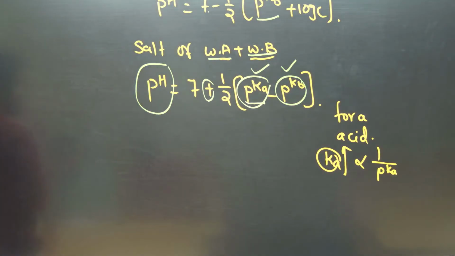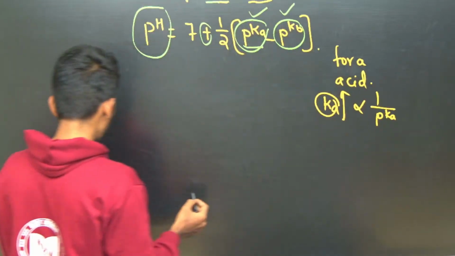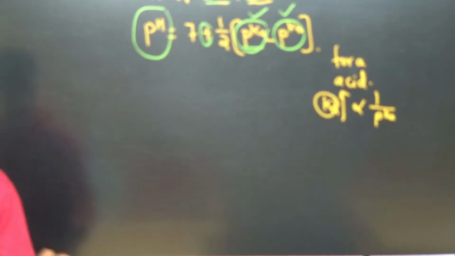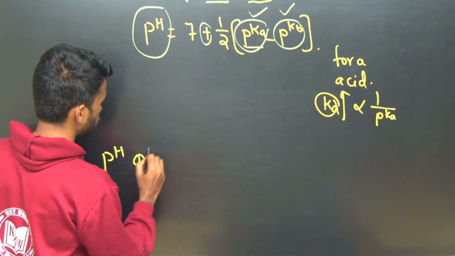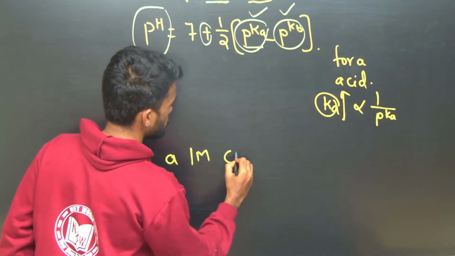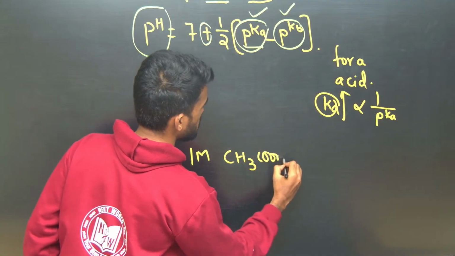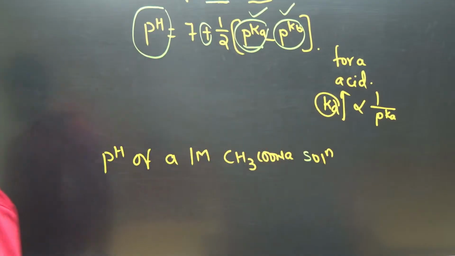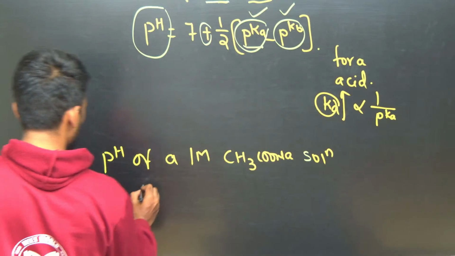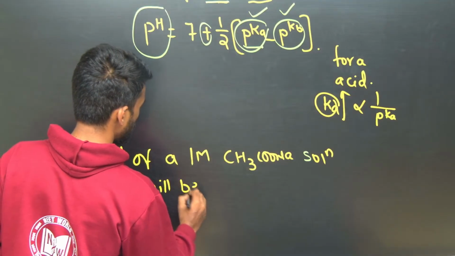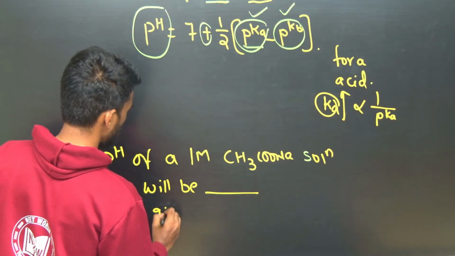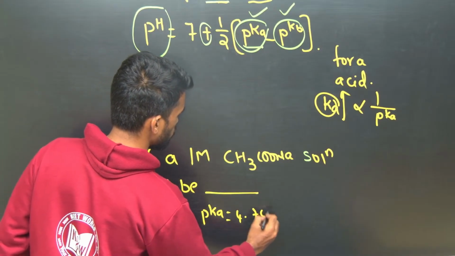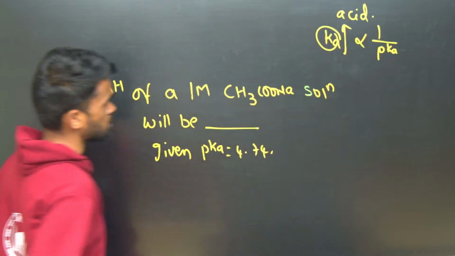The question will be like this: pH of a 1 molar sodium acetate solution will be dash, given pKa equals 4.74. Tell me fast. Very easy.